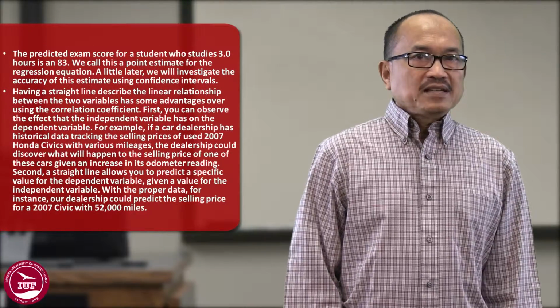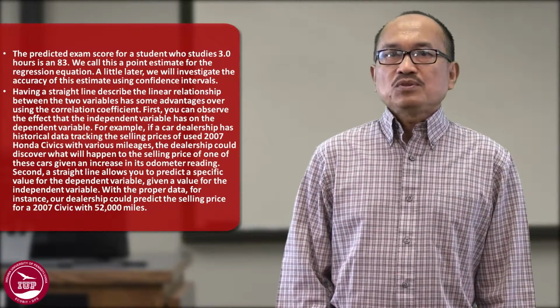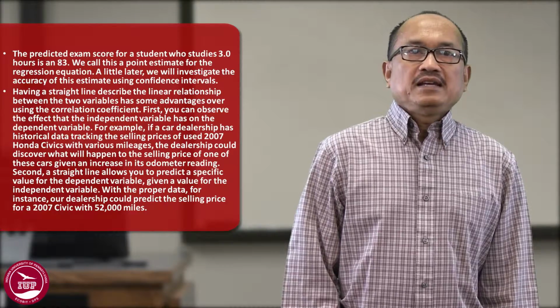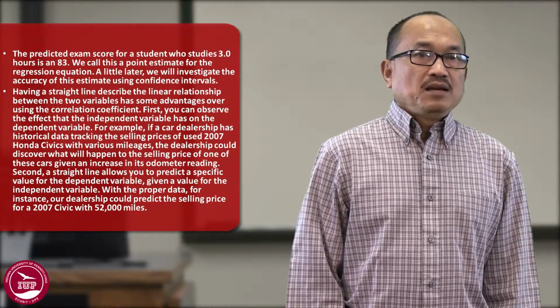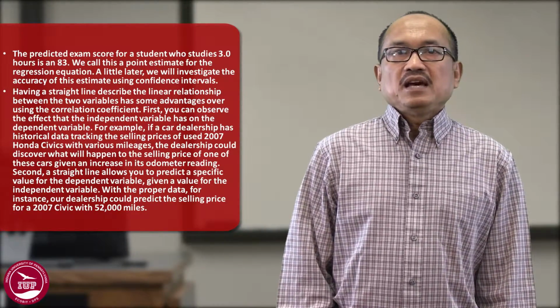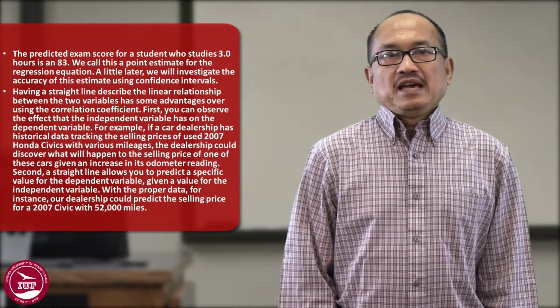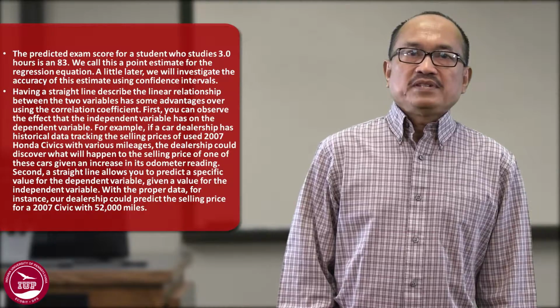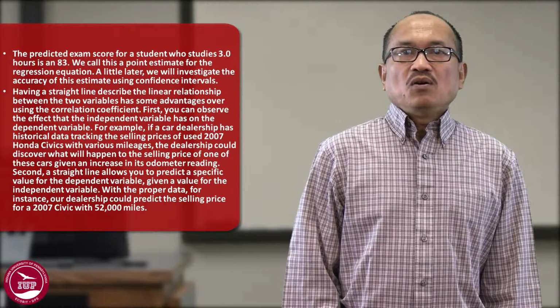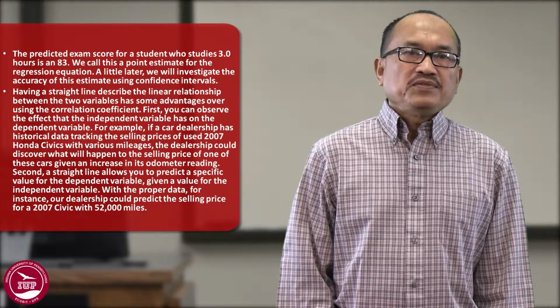The predicted exam score for a student who studied 3 hours is an 83. We call this a point estimate from the regression equation. A little later, we will investigate the accuracy of the estimate using confidence intervals.